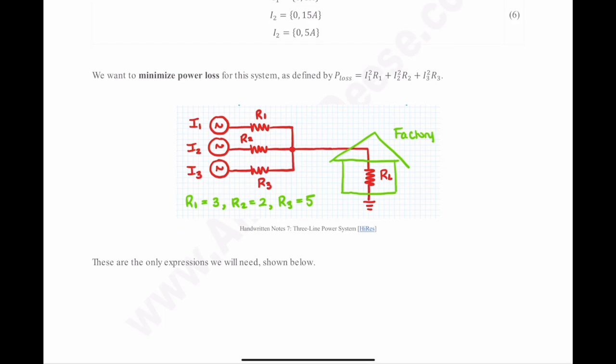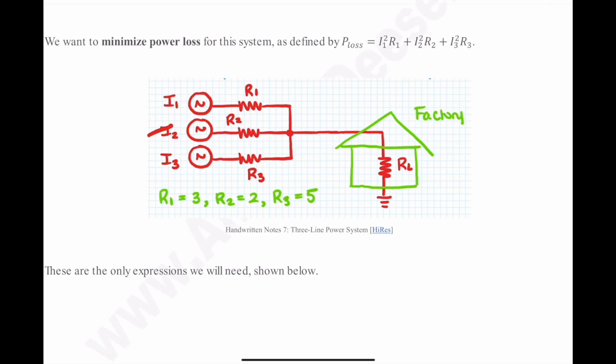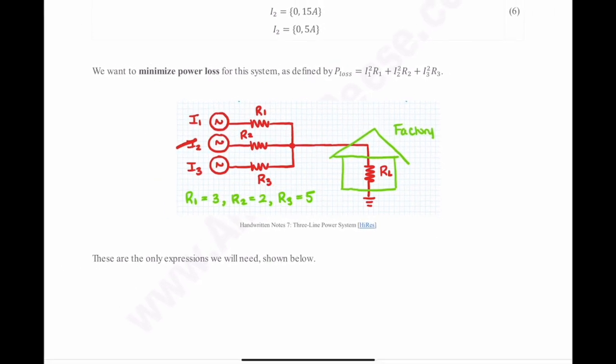You can see here we have 3 different sources, which are just, again, current sources, I1, I2, and I3. Each one has its series resistances R1, R2, and R3. They come together at this junction, and then they flow into the factory, which has a resistance of 5 kiloohms.